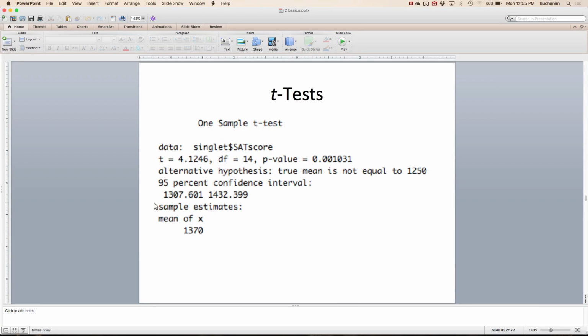Hopefully. Right, so it's a one sample t-test at the top, and it gives me a bunch of numbers. Not too much confusion going on? Small confusion. Yeah, okay.